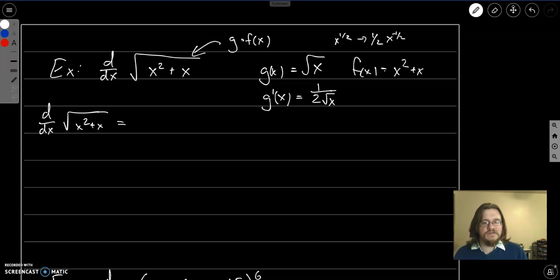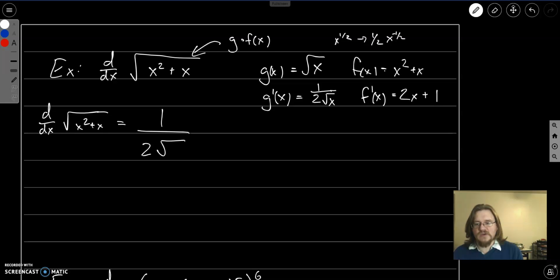And then if f of x is going to be x squared plus x, the derivative, again, we'll just take the derivative of each part. The derivative of x squared is 2x, and the derivative of x is 1. So when we're doing this, we take the derivative of the outside function, which is this guy. And I'm going to write this down incorrectly for now, and then I'll fix it.